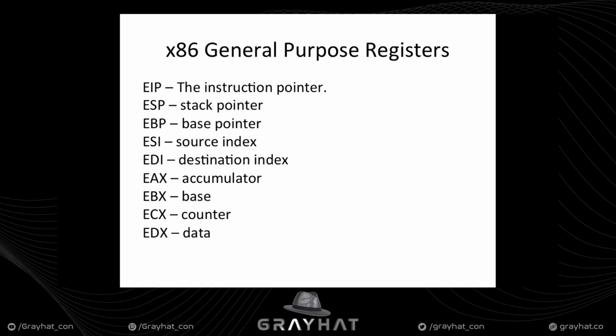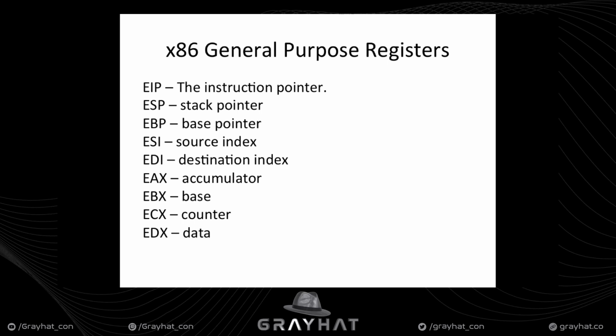Also, we need to know a little bit about our registers. You can think of registers as just a place to store data in the CPU for us to use. And the registers are going to depend on your platform. If you're working with mobile phones and you have an ARM chip, your registers will be a bit different than what we see here. These are x86 registers, so EIP, ESP, EBP, and so forth. The E is for extended.